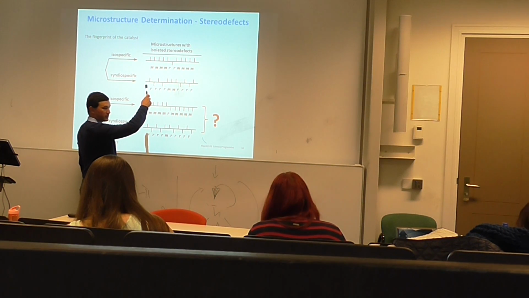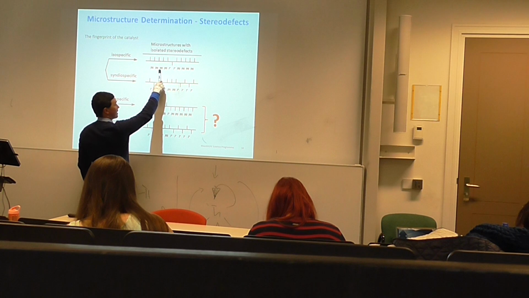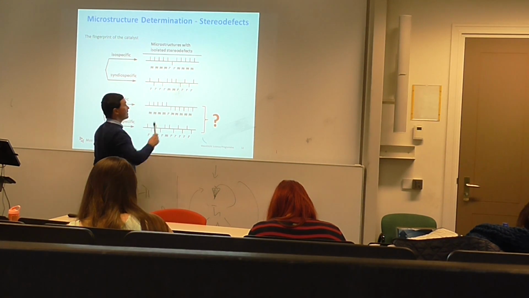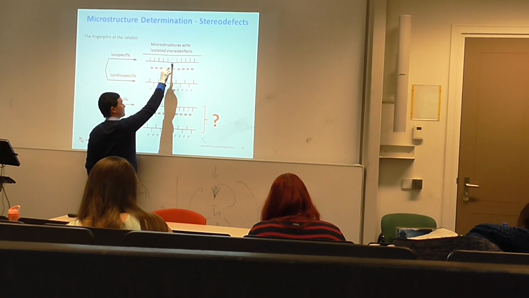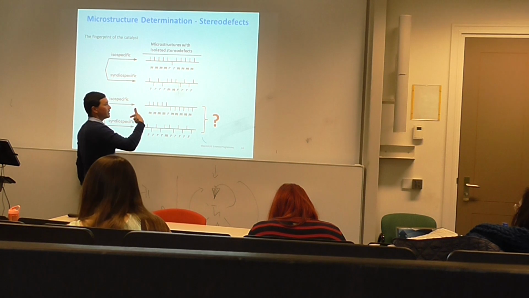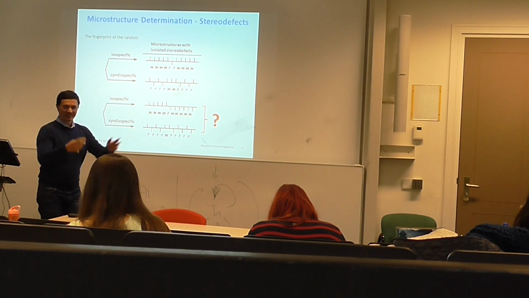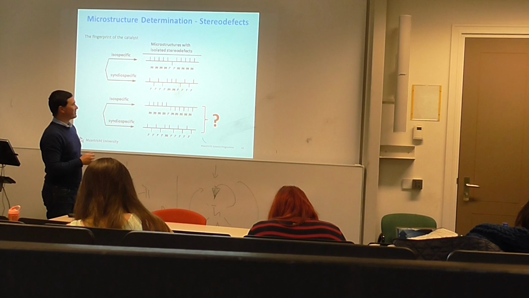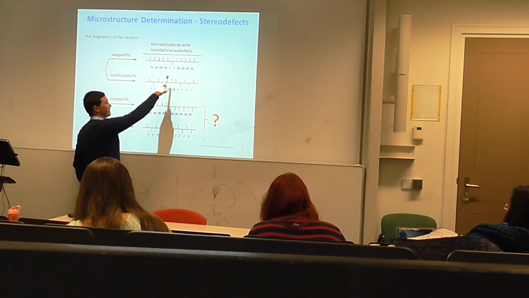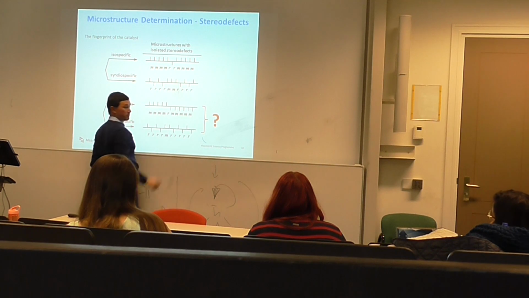Using the Fischer representation, we can say this is a string of M, and then two R's. Okay? So a stereo defect is a methyl group pointing in the opposite direction. Then, let's think I am the catalyst. I've made a mistake. I have to correct myself. Then it keeps going always up. Okay?